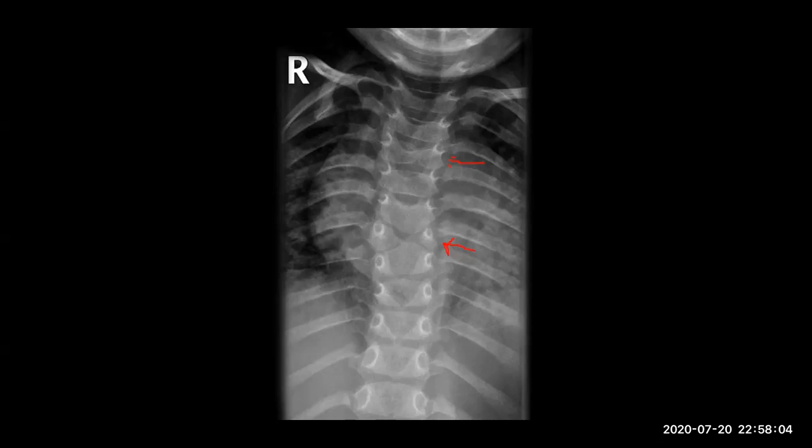Failure of the fusion of two halves of the vertebra, the lateral halves, with persistent notochordal tissue in between. And here, this is the spina bifida.